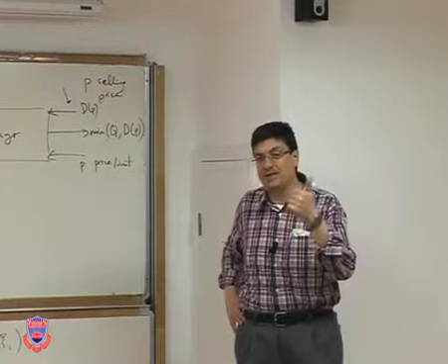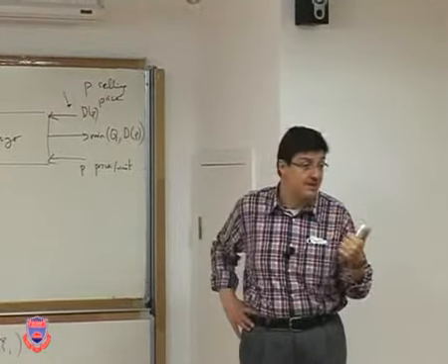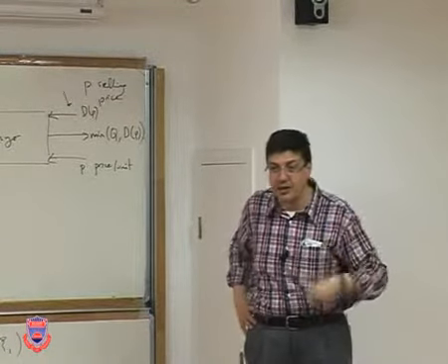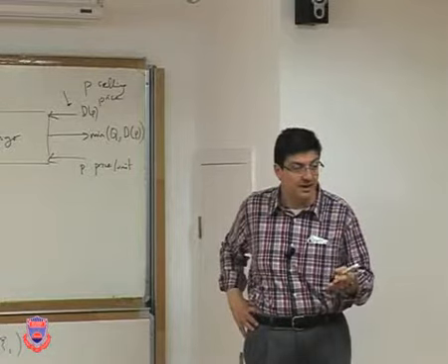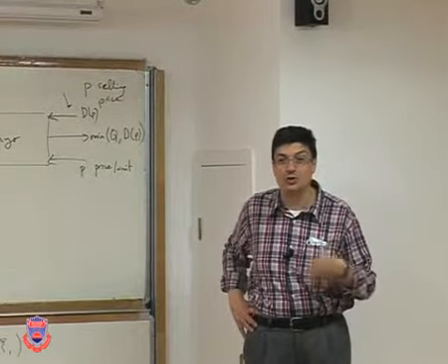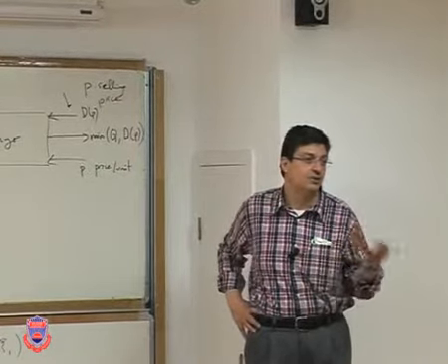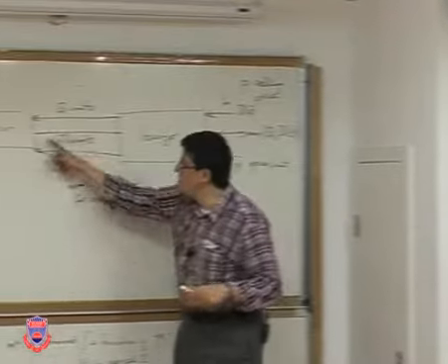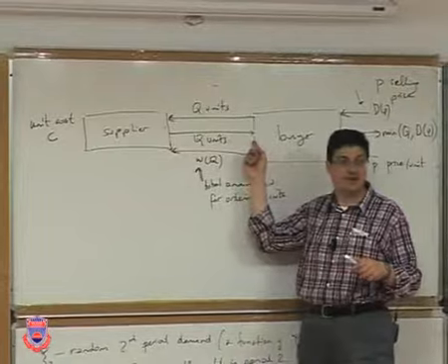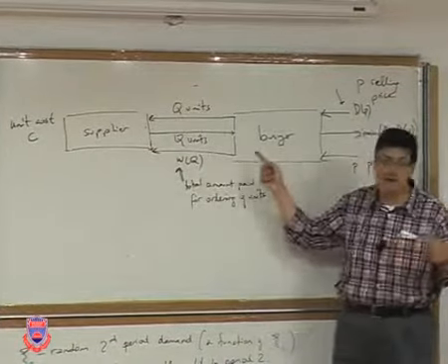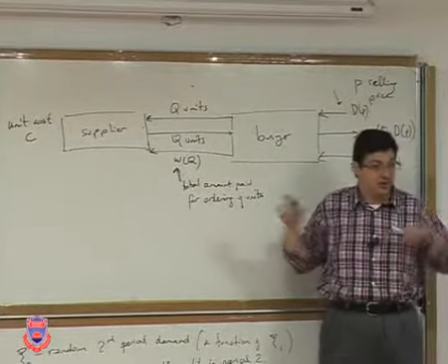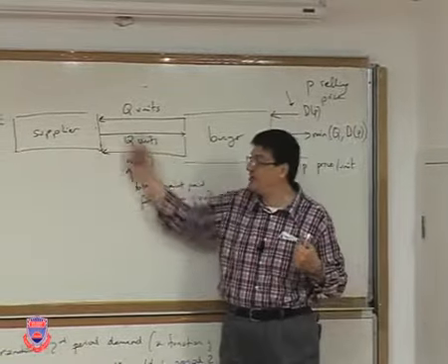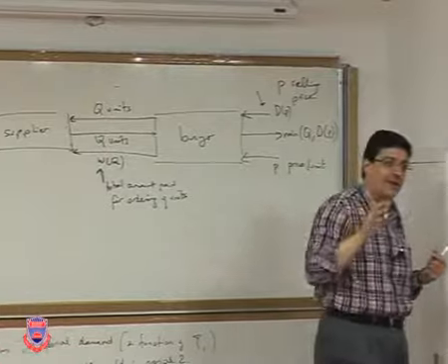Well, there might be some flaws or errors in the process, where the quantity that is manufactured is not necessarily all going to conform with the standards. So what happens is that Q units are transferred from the supplier to the buyer, but only a certain proportion of it is usable. Okay? In that case, we call this random supply.